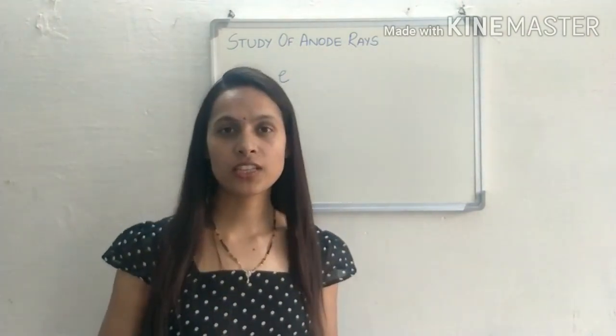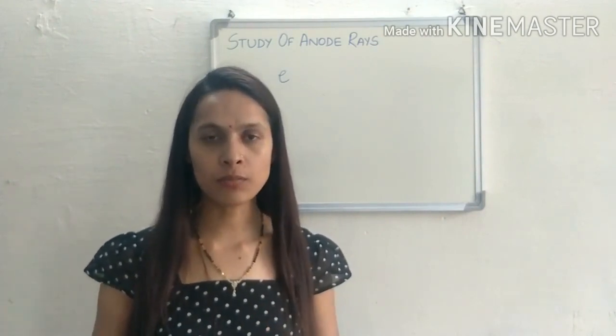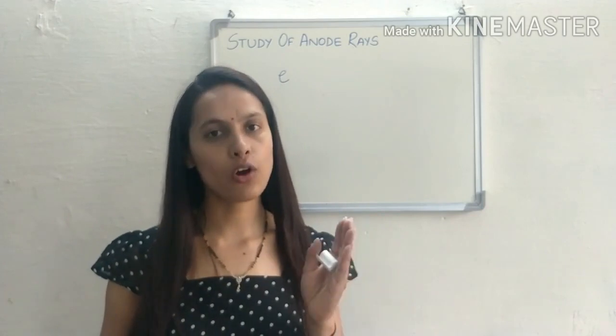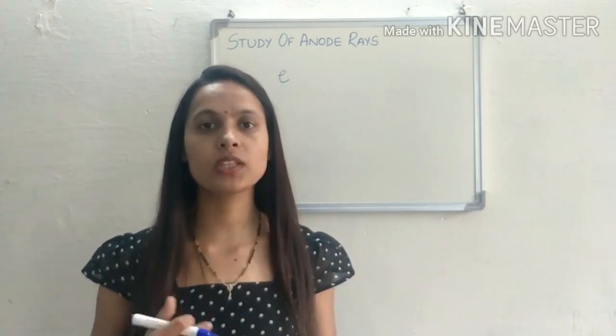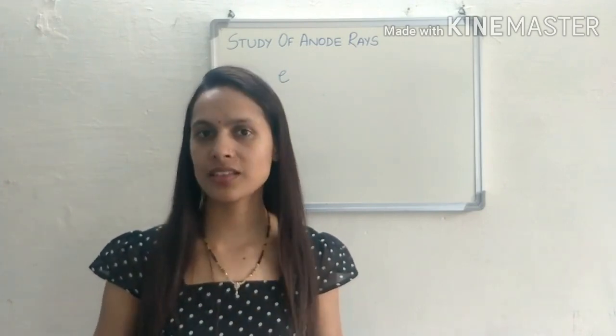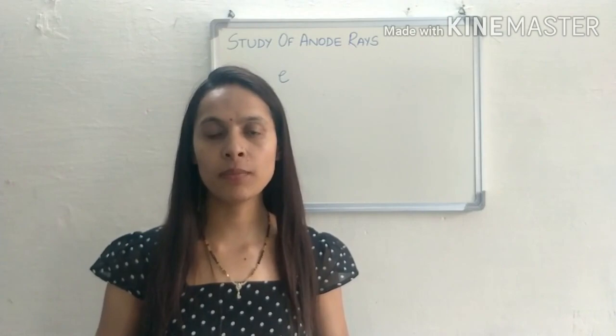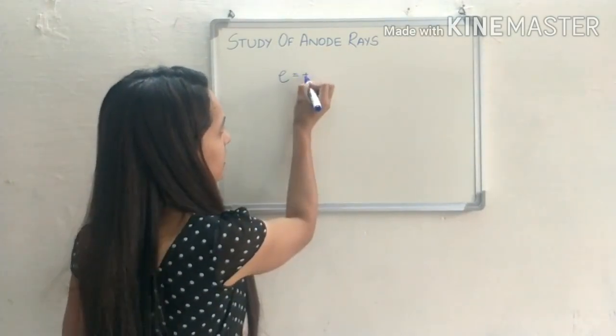What is the charge on the electron? That is 1.6 x 10^-19 coulomb. So the charge of these particles also comes 1.6 x 10^-19 coulomb but with opposite sign. In case of electron, the charge is minus 1.6 x 10^-19 coulomb, but here it comes plus 1.6 x 10^-19 coulomb.